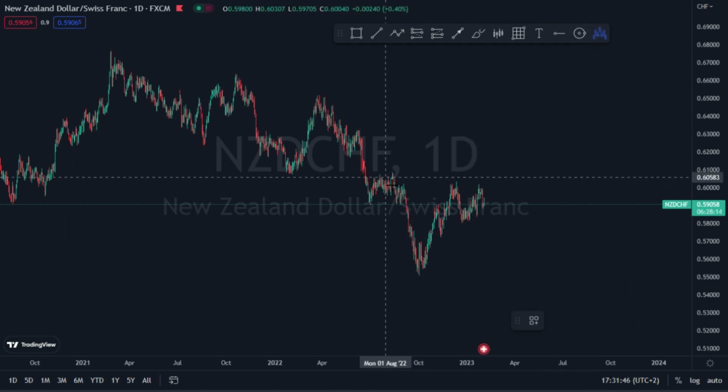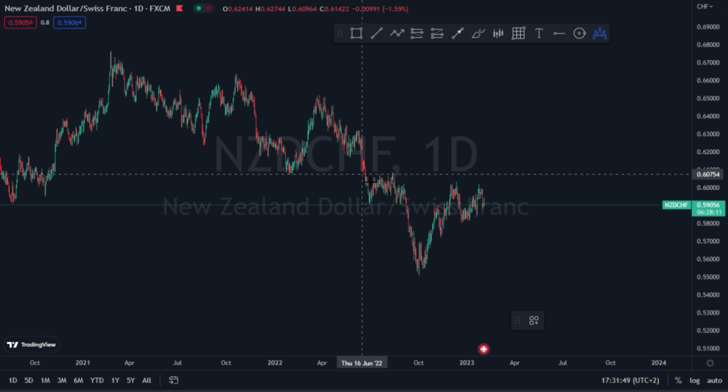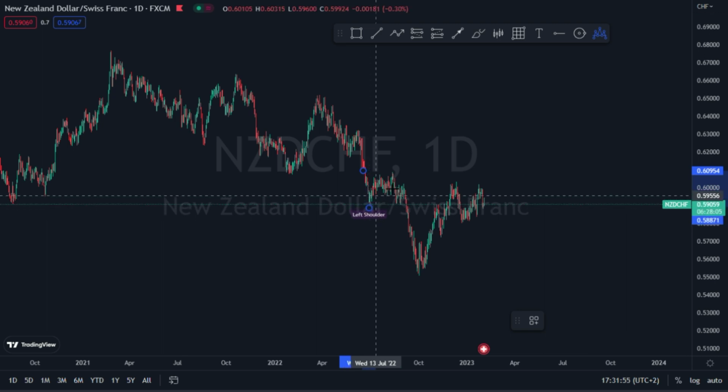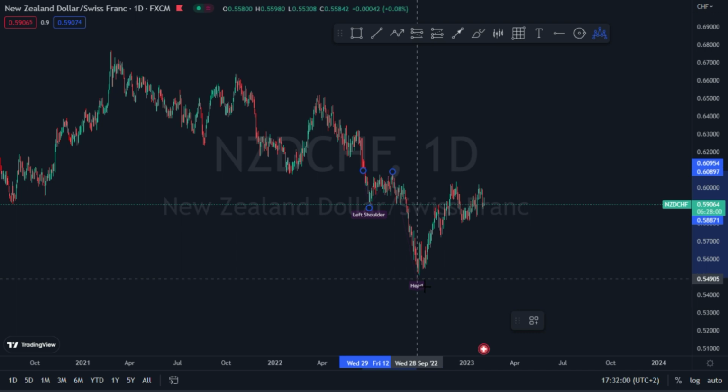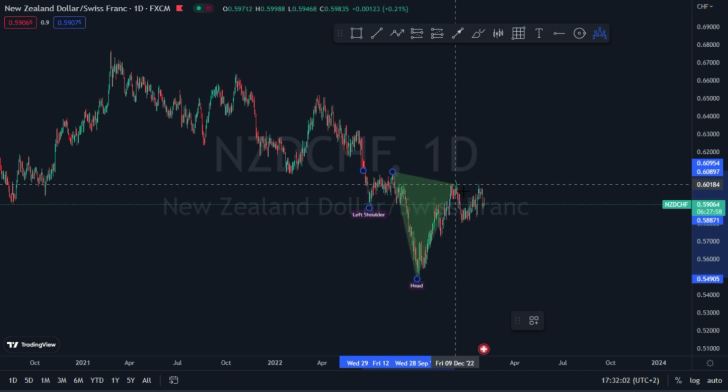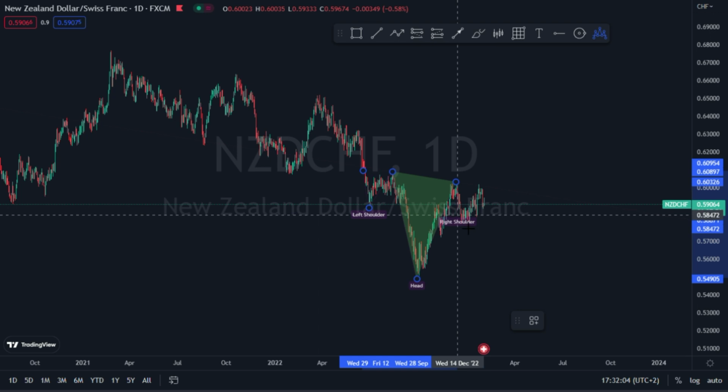We have our left shoulder right there, and then we have our head, and then we have our right shoulder right there, right?